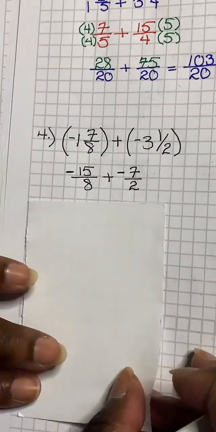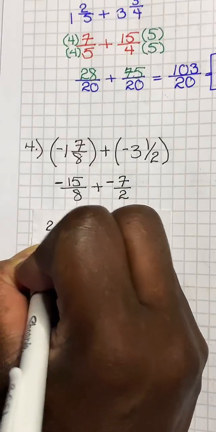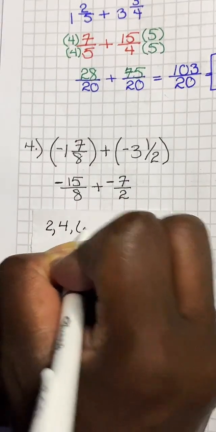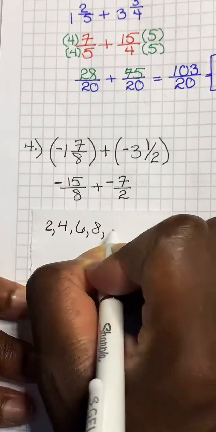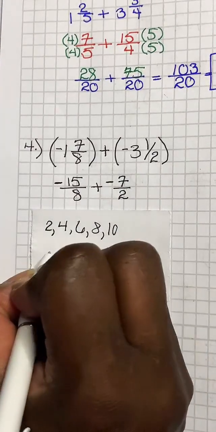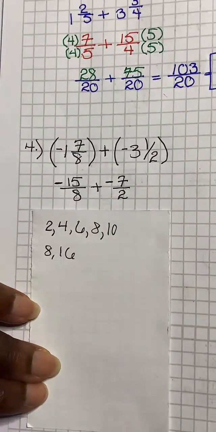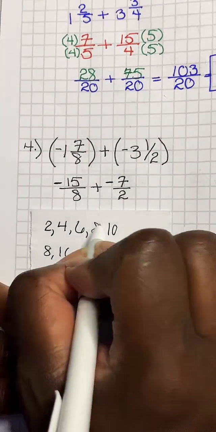If we think about our multiples, so if I think about my 2's times table, we got 2, 4, 6, 8, okay, 10, we can stop right there. With the 8 times table, we have 8, we have 16. But what is the least common multiple?